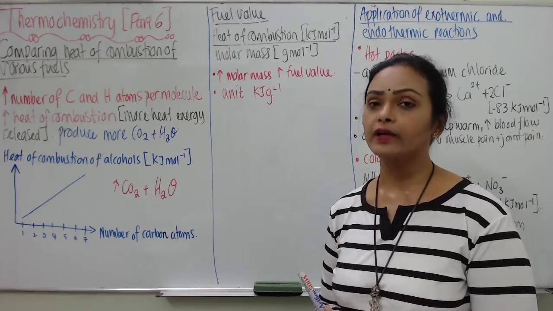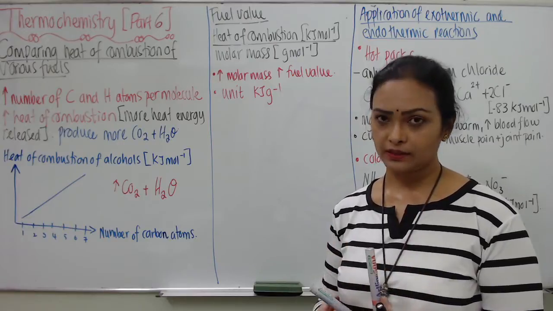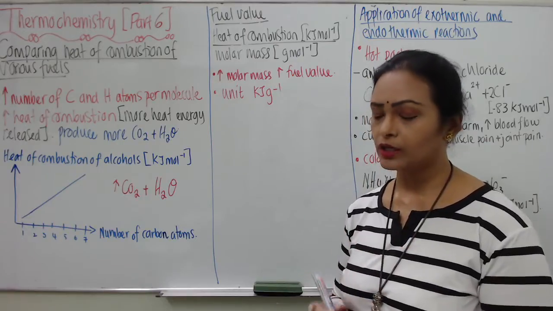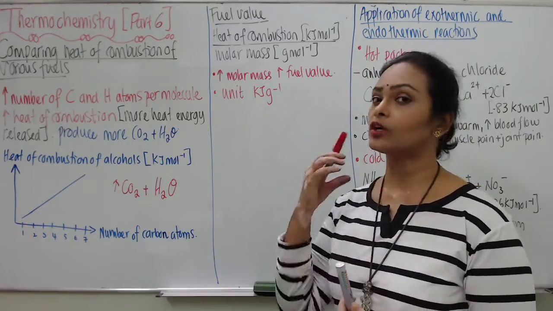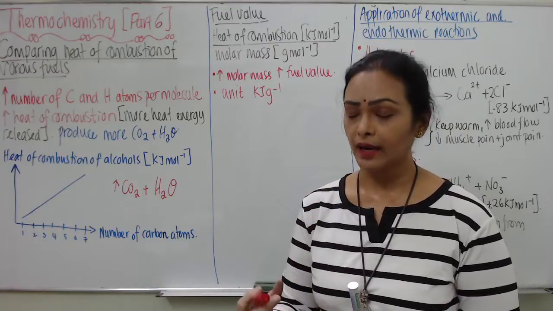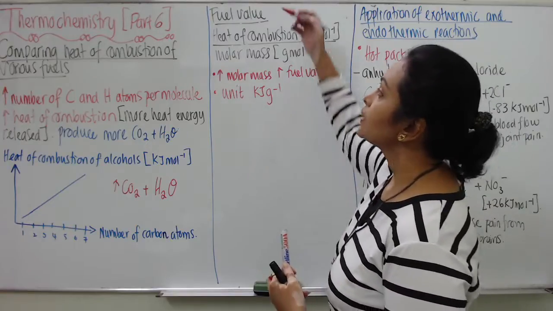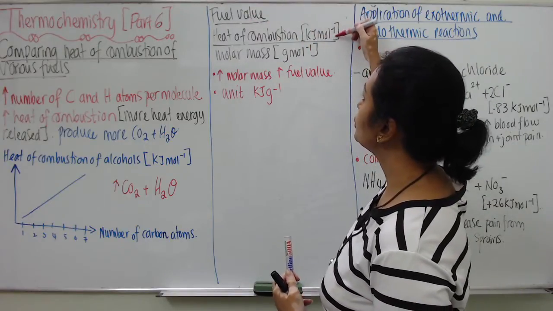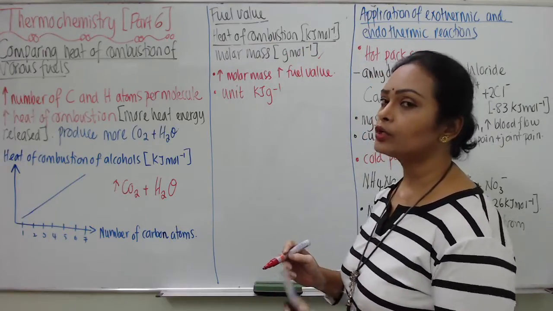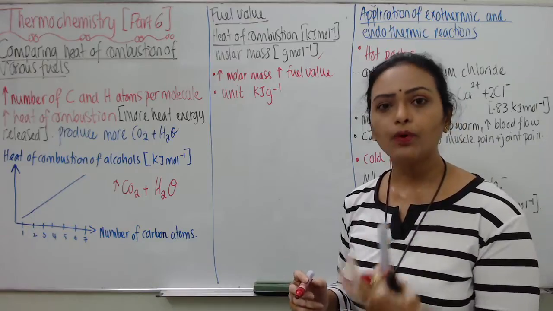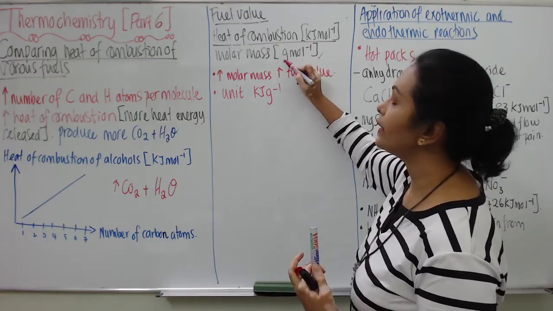So in order to find the fuel value, which fuel produces more heat, we always use gram, because the unit gram is known by everyone. So fuel value is heat of combustion in kilojoule per mole divided by the molar mass. Why? Because not everyone knows the term mole, but everyone knows the terms kilojoule and gram.